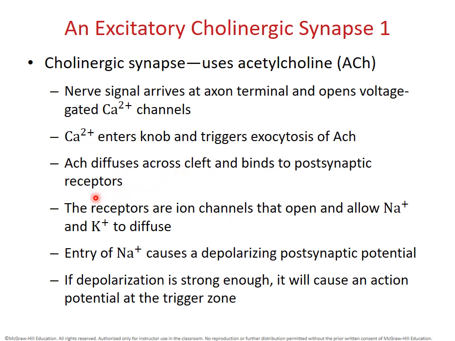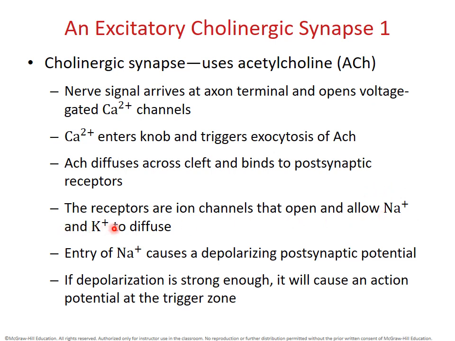The binding of acetylcholine to the acetylcholine receptors changes their shape, and as it turns out, these receptors are also ion channels, specifically chemically gated ion channels that open in response to binding to this acetylcholine, and it allows the simultaneous flow specifically of sodium and potassium.